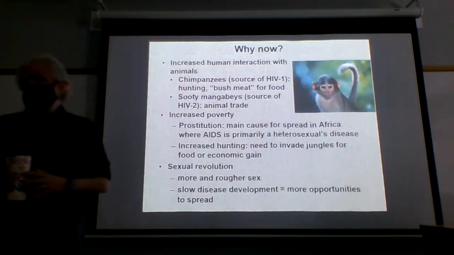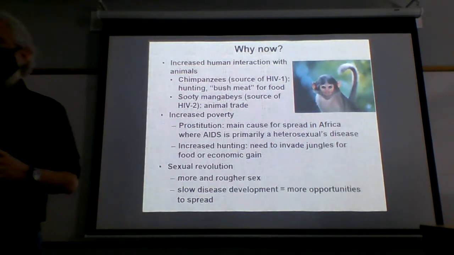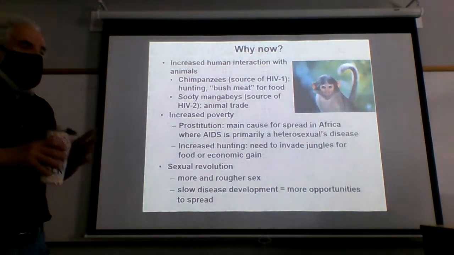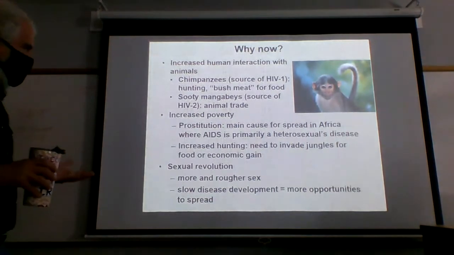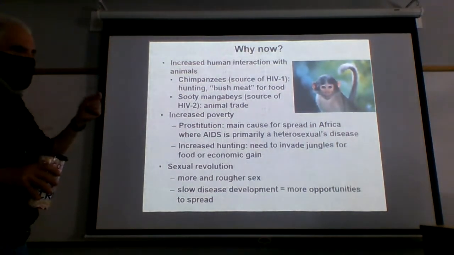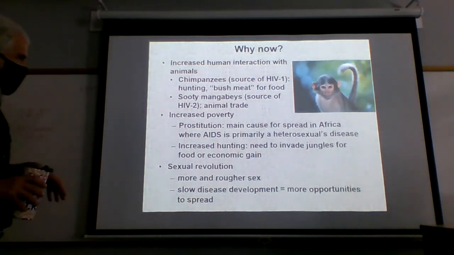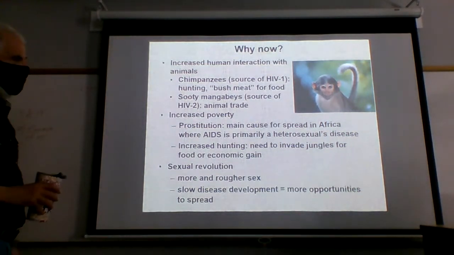There's actually signs that HIV had been around for a very long time, but the expansion of it within the human population comes about through different kinds of behaviors. Now, next, once it's in the population, it gets spread in very specific spots. Prostitution is one of the main causes for spread in Africa.